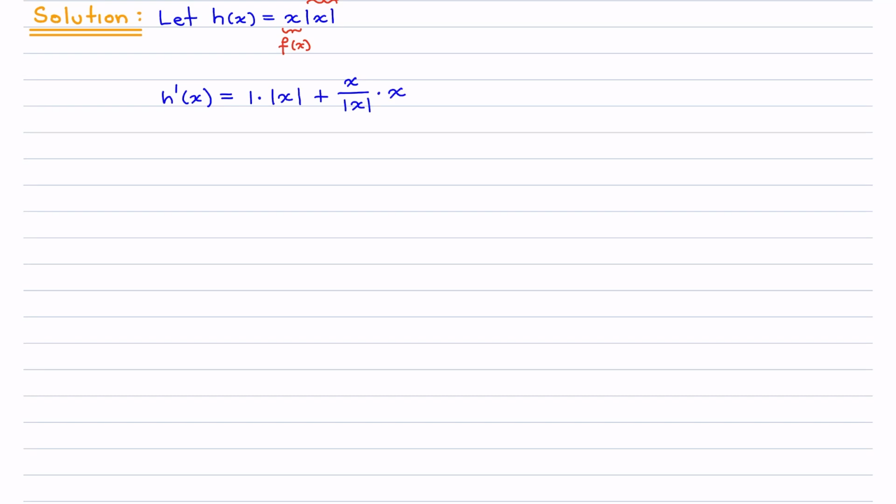Okay, so if we're matching it up, this was f prime, this was the original function g, this whole piece here is g prime, and then this piece is just the original function f. Okay, so let's do some algebraic simplification, but first we need to state this is for x non-zero. All right, that's the key here.